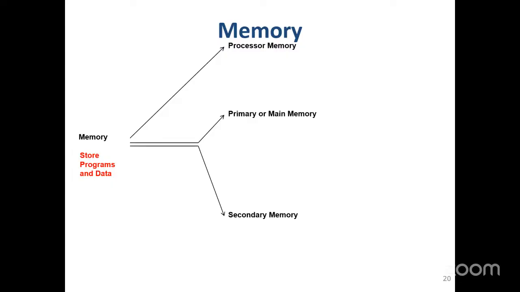Next, primary memory is accessed using address lines, and secondary memory means things like CD-ROMs and external hard disks. Here the memory is divided into three: processor memory, primary or main memory, and secondary memory.